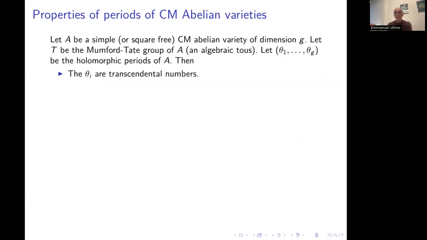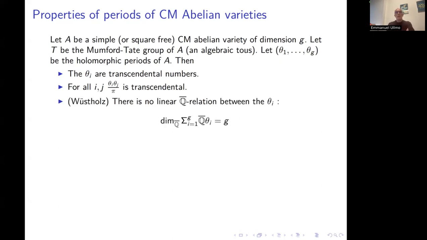It's known that the holomorphic periods are transcendental numbers. It's also known that if you take the product theta i theta j divided by pi, it's also transcendental. It's not known if you don't divide by pi, I guess.